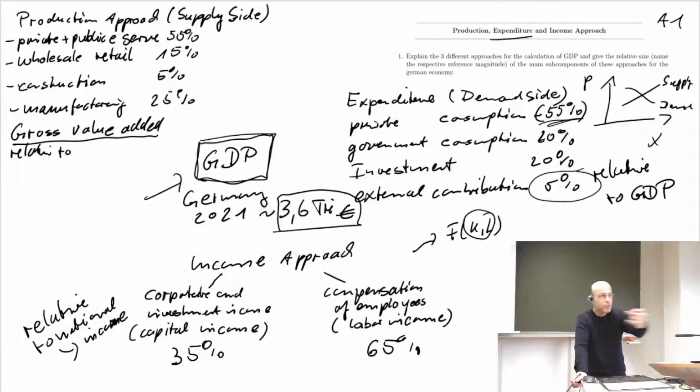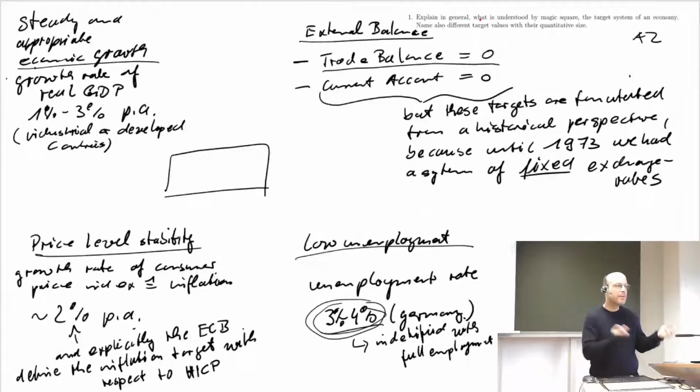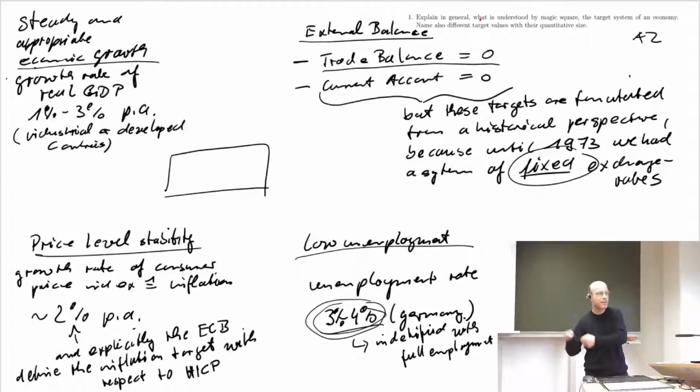So a huge capital inflow into our country, and this would mean, if I have a fixed exchange rate, that my currency has to appreciate. Or the other way around, if my imports are much larger than my exports, then there is pressure on my exchange rate to depreciate. And if I have a fixed exchange rate, then I have to do something about it via the central bank, selling or buying other currencies.